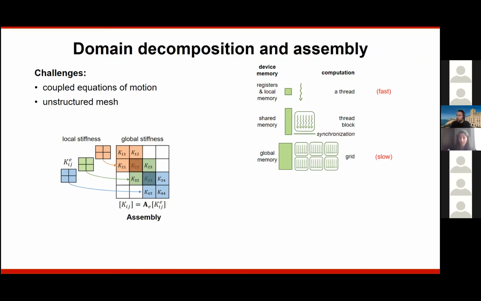And so as you take these local stiffnesses and put them in the global stiffness matrix, you're looking at global memory concerns, and making sure that access to global memory, given an unstructured mesh where you might have multiple elements sharing the same degrees of freedom, is handled well.